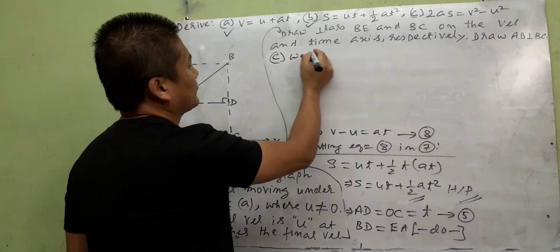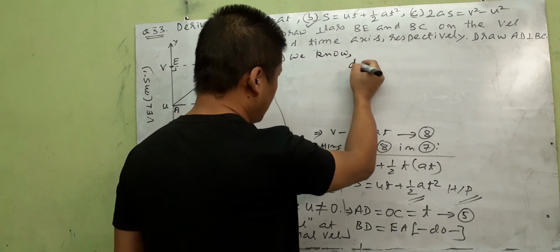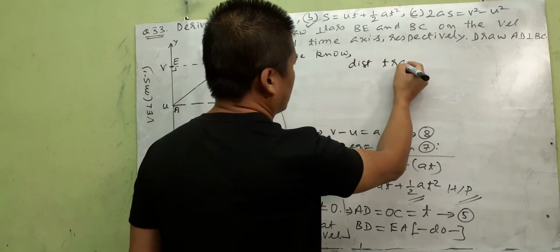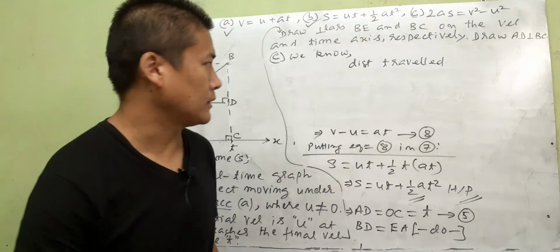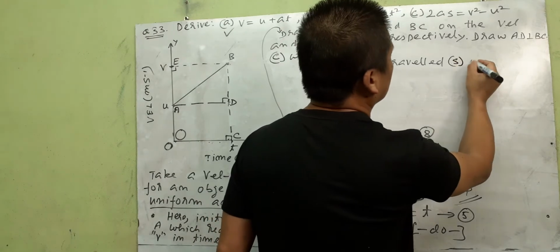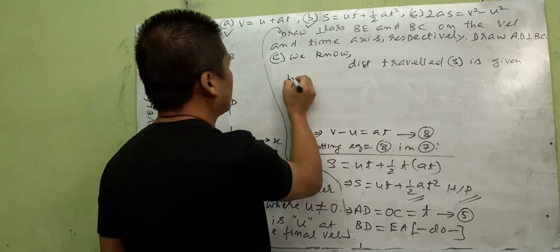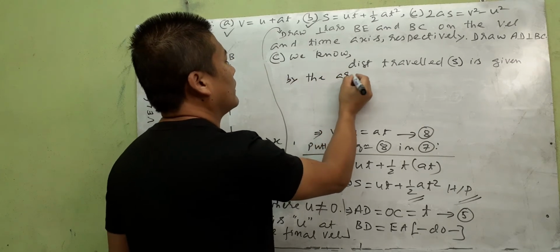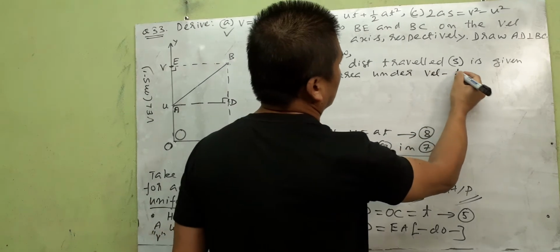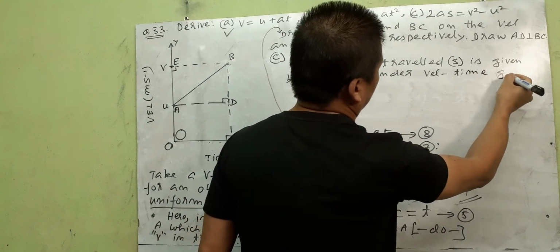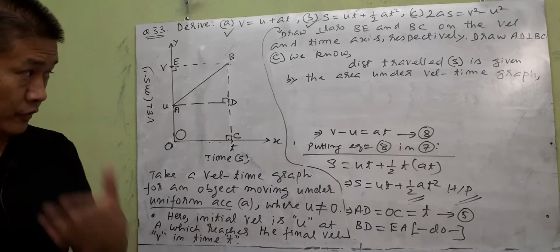Again, we know from the class just before this that distance traveled, S, is given by the area under the velocity-time graph, the area of the figure under the velocity-time graph, to be specific.